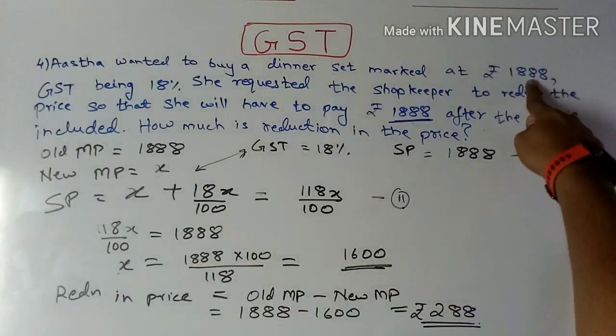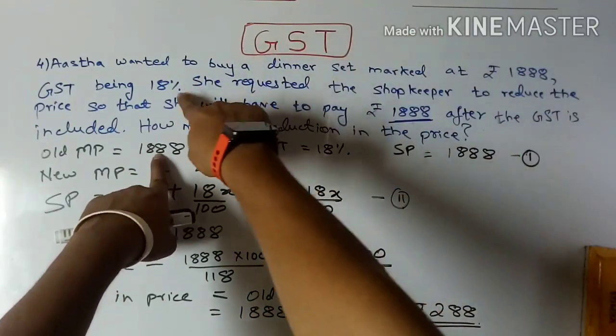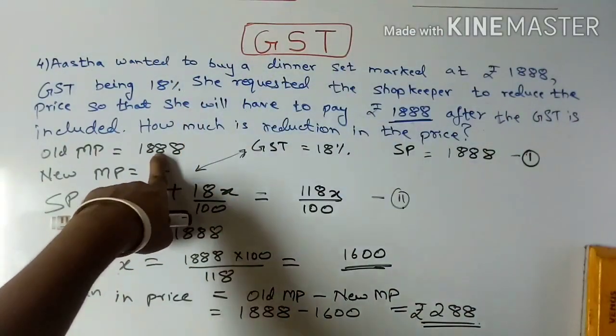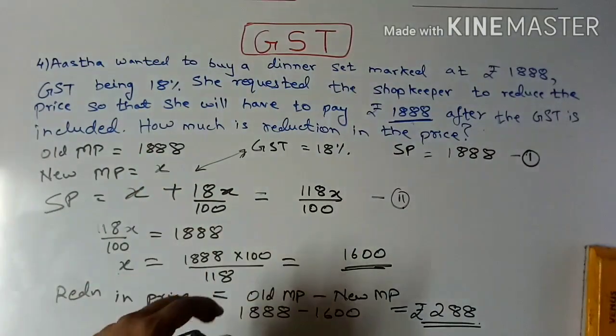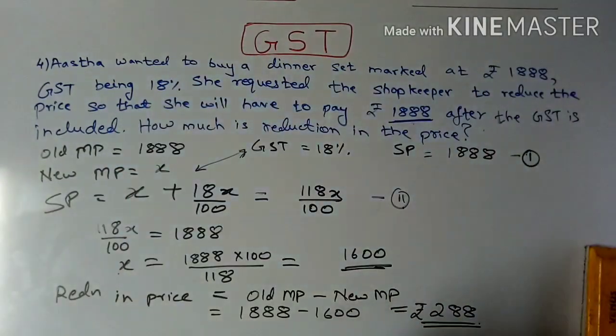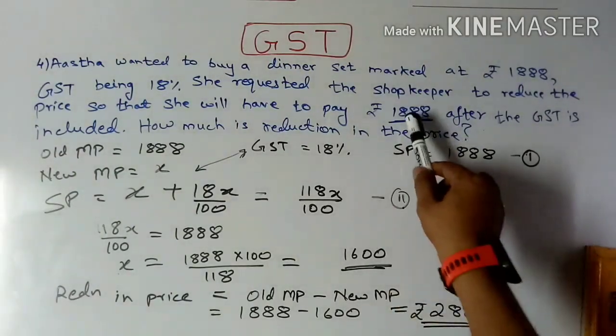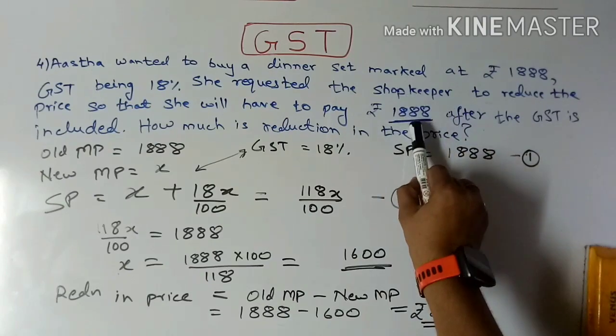So let's understand this problem again for those who found it difficult. The initial marked price was 1888, GST being 18%. The selling price would have gone beyond 1888 after levying the tax of 18%. But the customer demanded, or requested, in other words, that I'll pay the selling price as 1888.